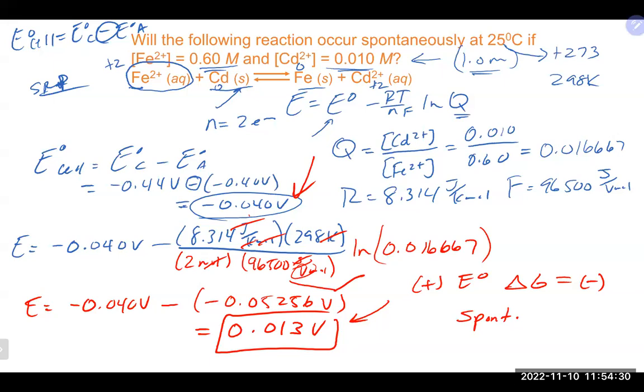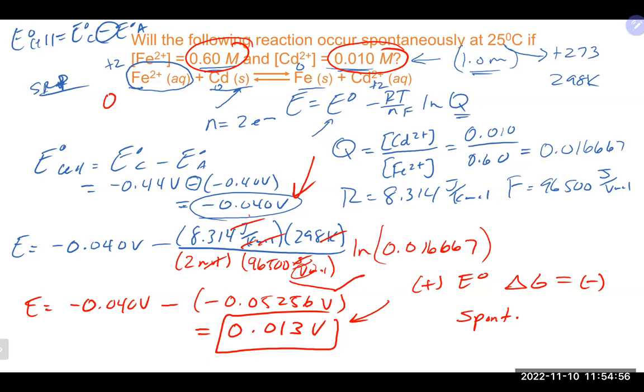How did I know it was non-standard conditions? It really was the concentrations there. So remember that standard conditions are pretty much all those values you find in the table, like the SRP table and so forth. Standard conditions are usually accompanied by that little naught that you see over things like G's and H's and E's.